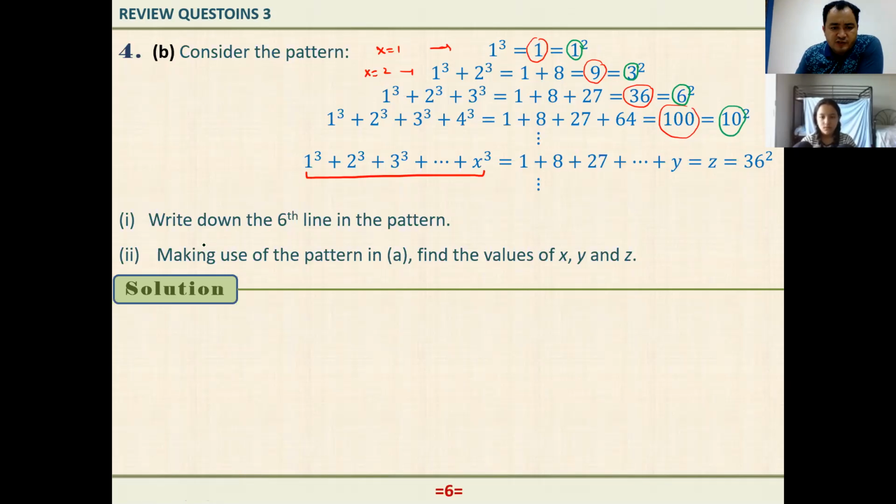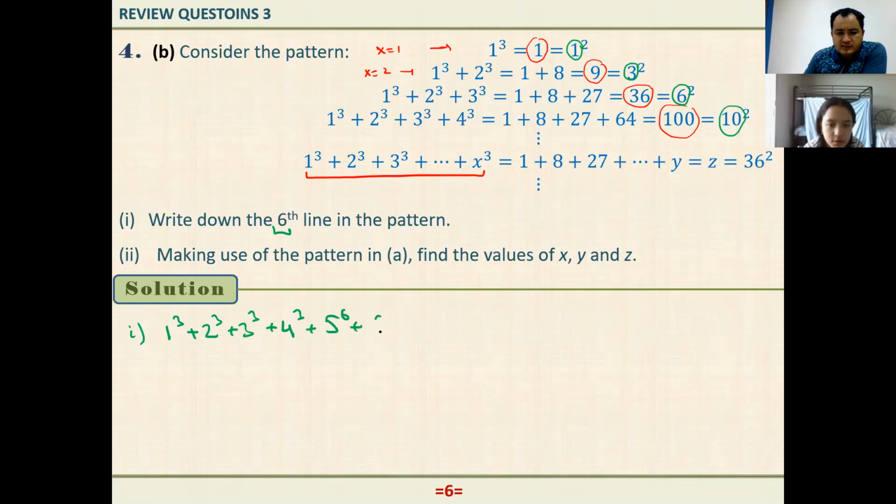So now let's first answer the first question. Write down the 6th line. That means we have 6 terms. It is like this: 1 cube plus 2 cube plus 3 cube plus 4 cube plus 5 cube plus 6 cube. Now if we add this, 1 cubed equals 1, 2 cubed, 2 times 2 times 2, is 8.